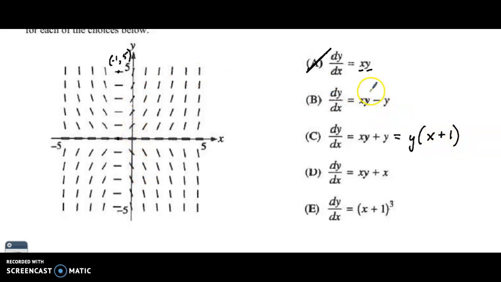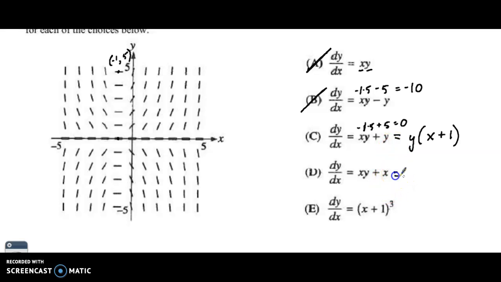And if you're still confused by that statement, then we'll try this next one. -1 times 5 is -5 minus 5. Well, that didn't give me a slope that works. Whereas this one does work, because if I did -1 times 5 plus 5, I do get 0 there.